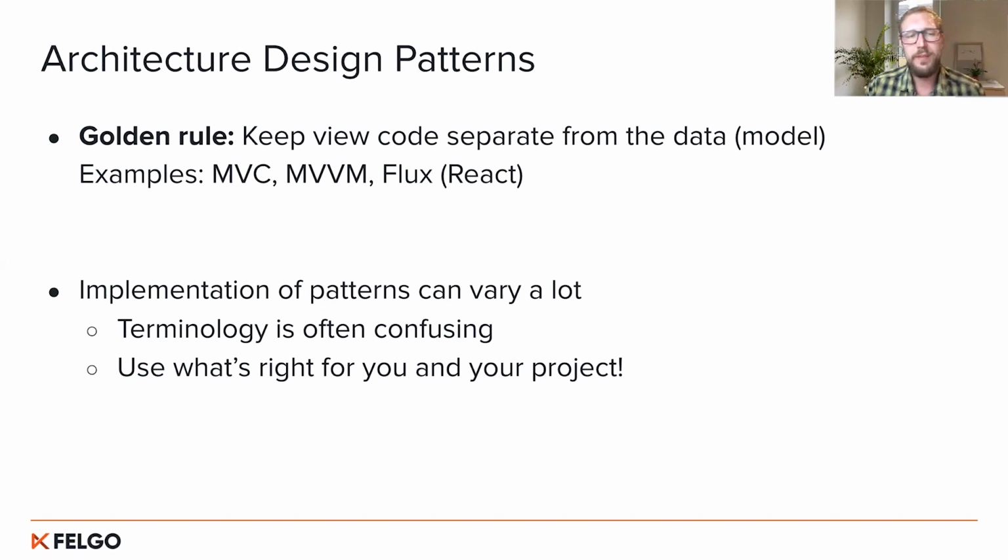All of these patterns can vary a lot depending on the technology and the language that you're using. Also, the terminology is often confusing regarding what is the model, the controller, the view. So it's really important to know that all of these things are good to know, but you always have to see what's right for you and right for your project, for your language, for the technologies that you're working with.